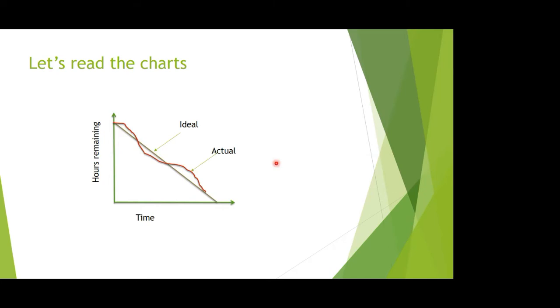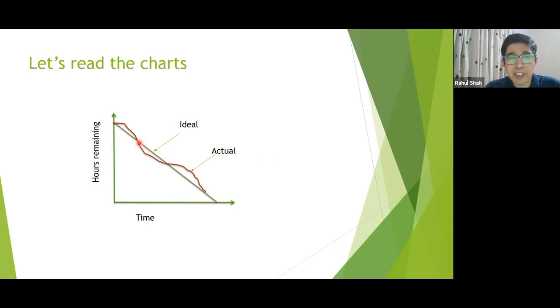Can I ask one question? If the red line is going below the ideal one, it means the team is underperforming. And if it is going above the green line, is the team performing, or is it the reverse? No, see, this is the ideal line. They should be able to complete by this point.